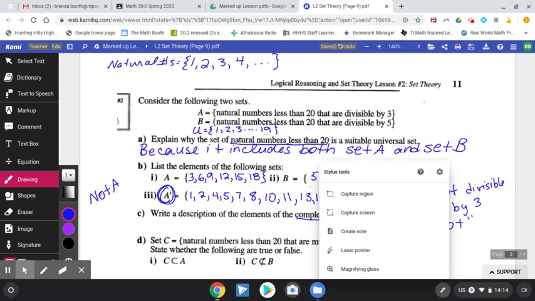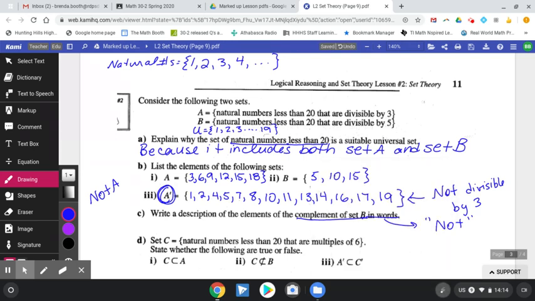So let's look back at the top here. So B, we're looking at natural numbers less than 20 that are divisible by 5. We just have to figure out where we're going to put the word not. So natural numbers less than 20 that are not divisible by 5.